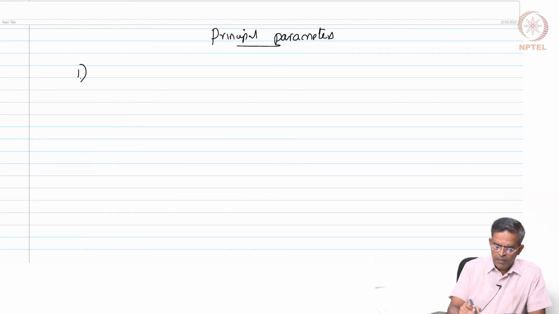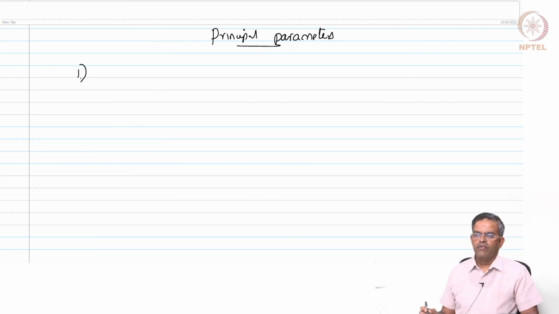The principal parameters to be defined for blast resistant design are as follows.